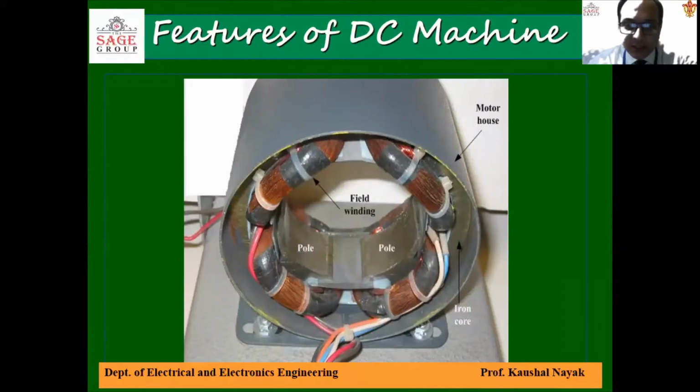When we study the construction of any rotating machine, the most important thing we learn is how to classify the different components of the machine. One thing we find very common is that any rotating machine can be divided into two basic parts. One part remains static in nature; no component in that region is rotating or dynamic.